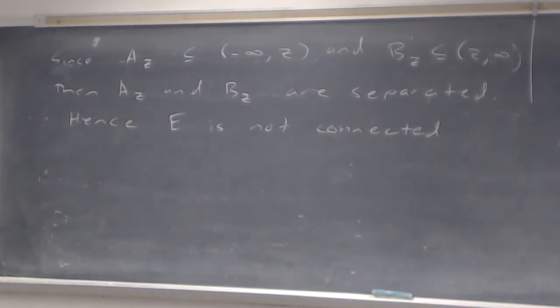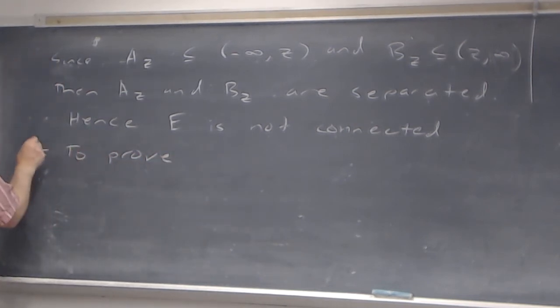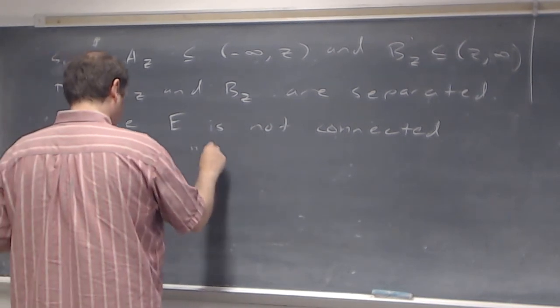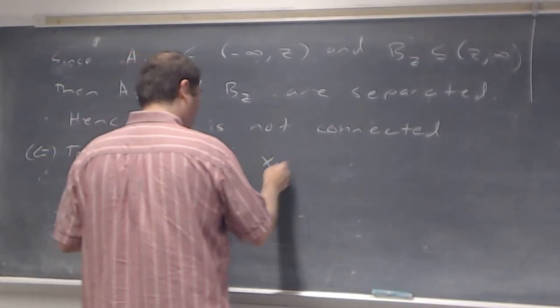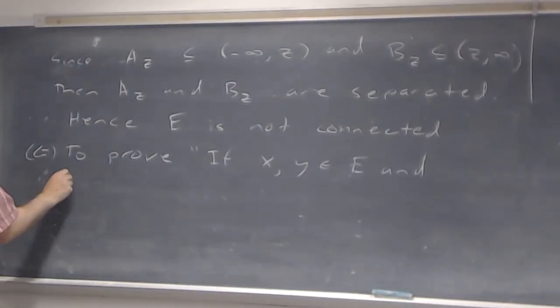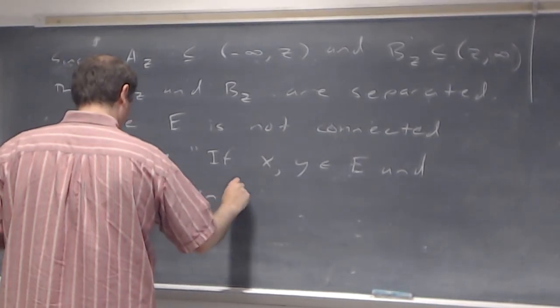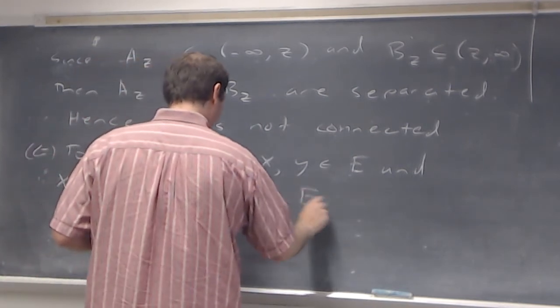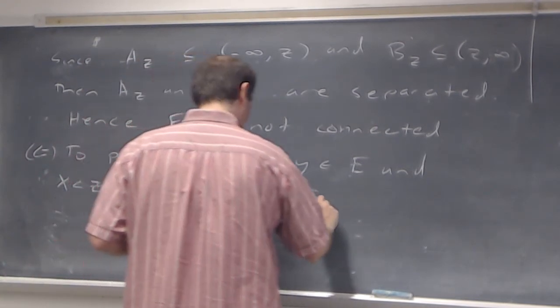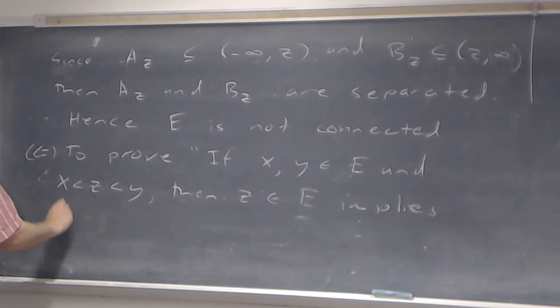Okay, to show the other direction, again, we're going to prove the contrapositive. So let me write that out. To prove this direction: if x and y are in E, and x is less than z is less than y, then z is an element of E, implies that E is connected.